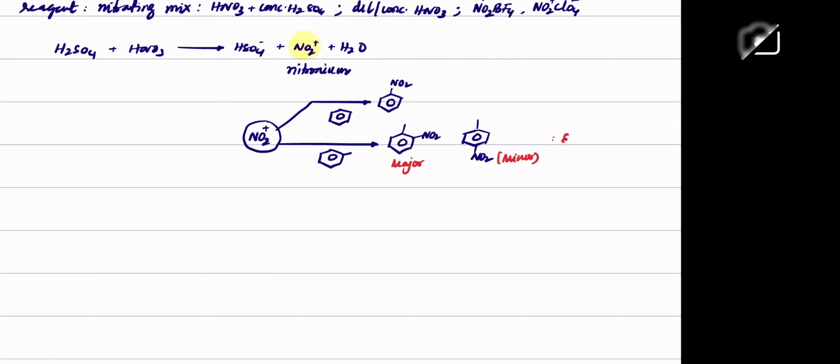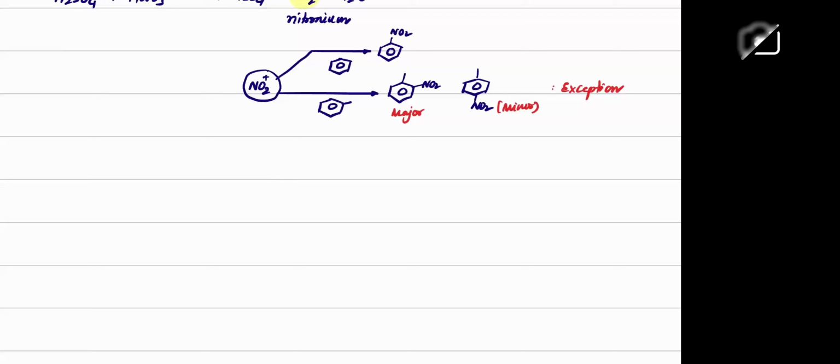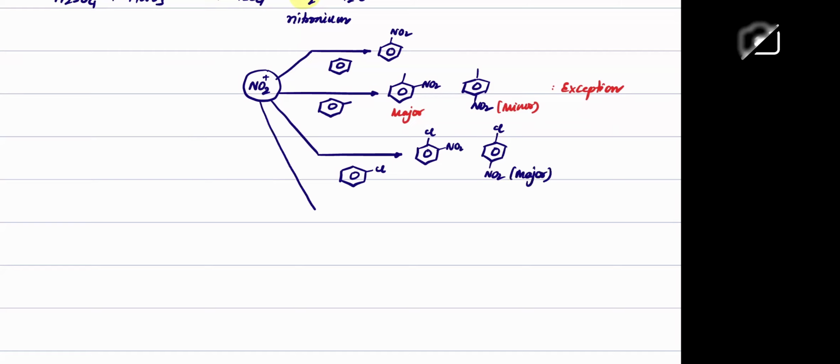Otherwise, most of the time it is para that is major. Next, if you have chlorobenzene, we just learned that ortho and para only is favorable. So ortho and para is favorable, and in this case there is no exception. Para is major. Clear?